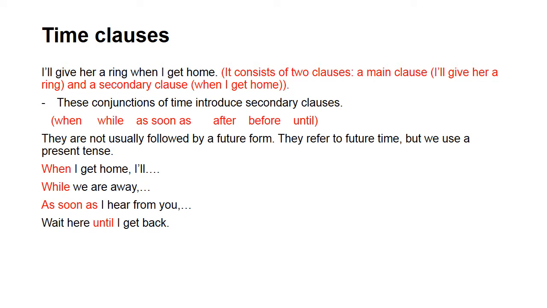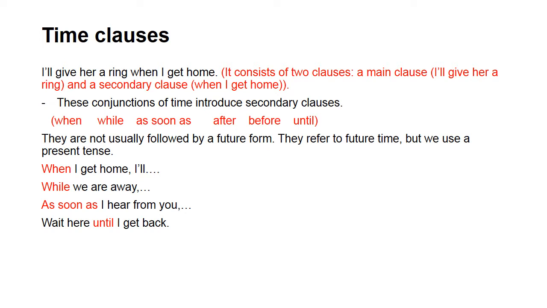These conjunctions of time introduce secondary clauses, and this conjunction, put it in two brackets, which is when, while, as soon as, after, before, until. They are not usually followed by a future form.